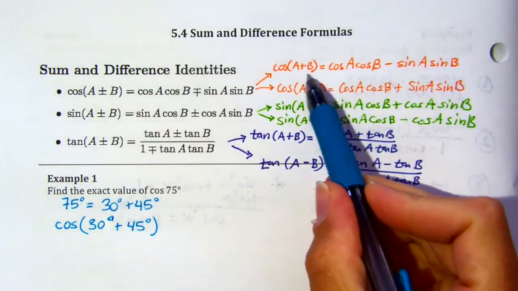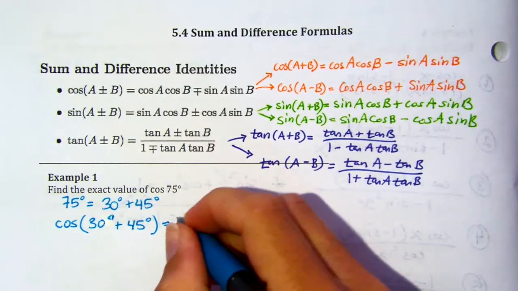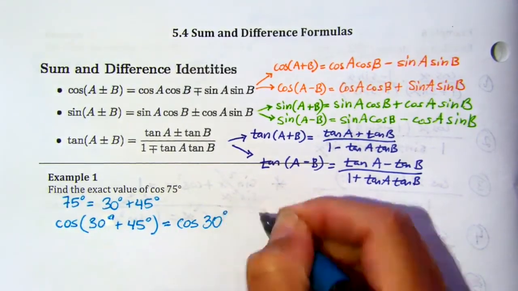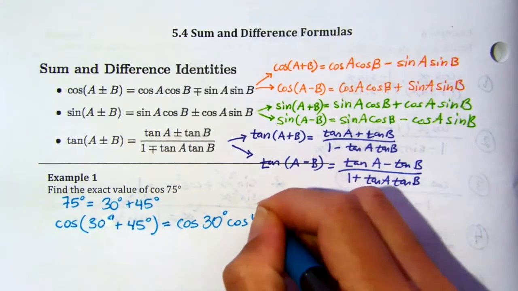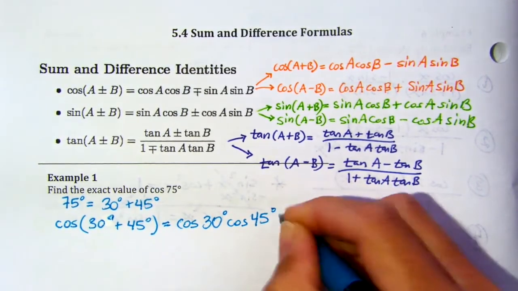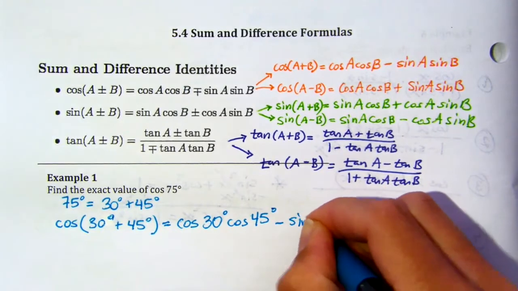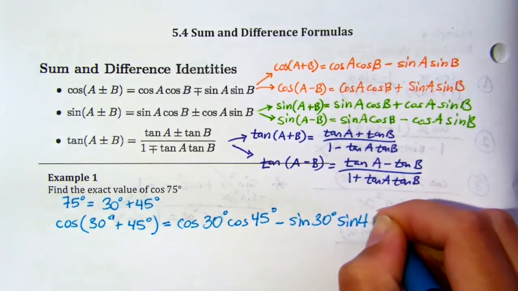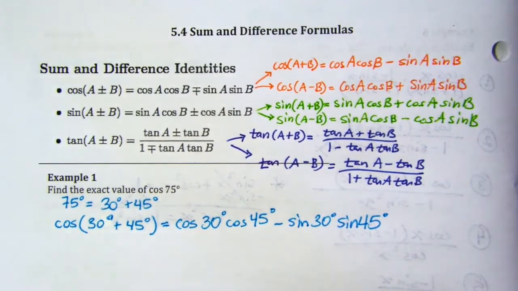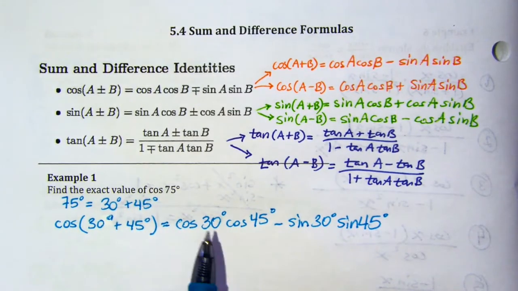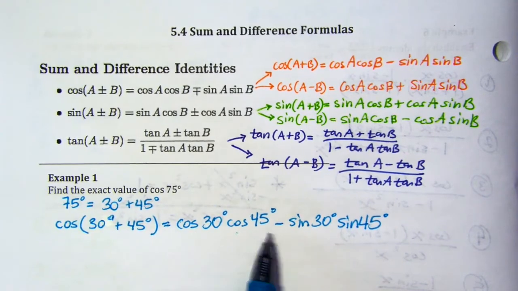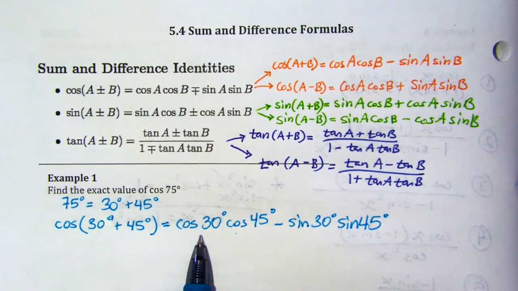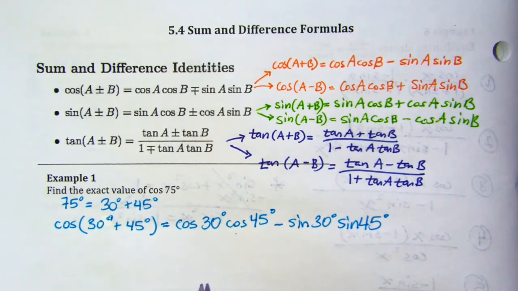The cosine sum tells us that we need to take the cosine of the first angle, which is 30 degrees, times the cosine of the second angle, 45 degrees, minus the sine of the first angle times the sine of the second angle. Now, if we look at these individual cosines and sines, we can find those values.